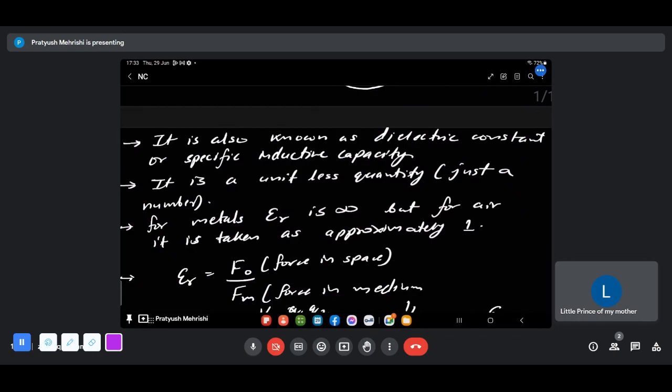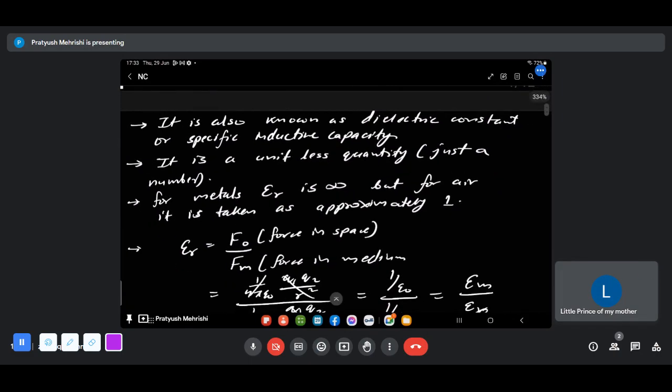For metals, relative permittivity is infinite, but for air it is approximately equal to 1. Got it? Yes, sir, got it.